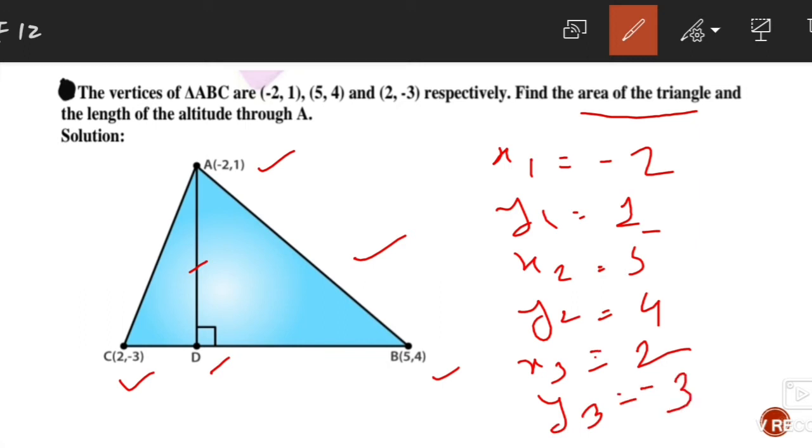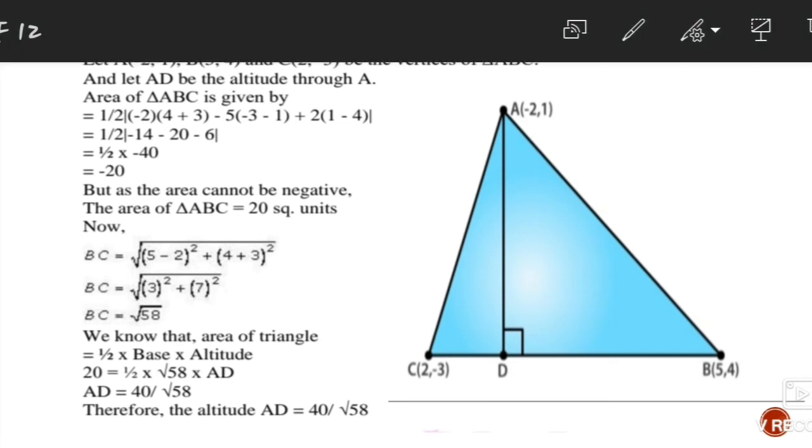Just put it in the formula, you will get the area as -20, but the area of a triangle cannot be negative. That's why you will consider only the numerical value, that is the value without the sign. So the area of triangle ABC is 20 square units.